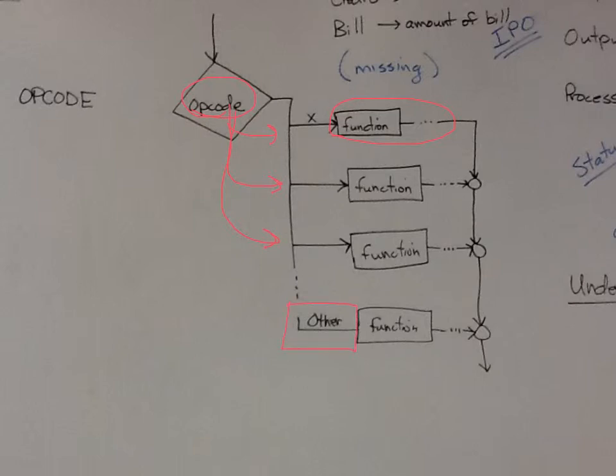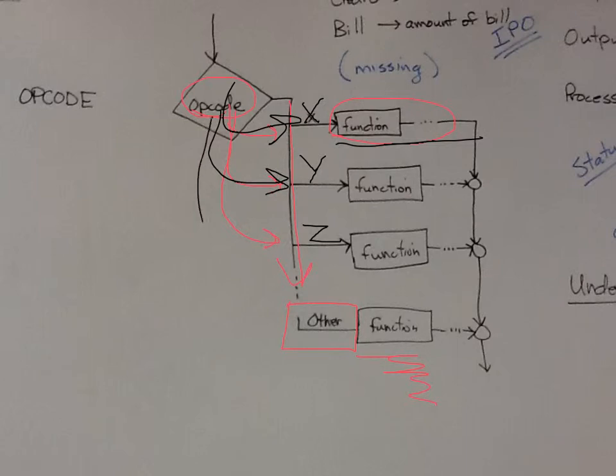If it doesn't match anything in your list, then you have to decide what you are going to do. For example, here in my list, let's say I have the values x, y, z. If the opcode is x, it'll perform this line, these functions. If the opcode is y, it'll go here. If the opcode is z, it'll go here.